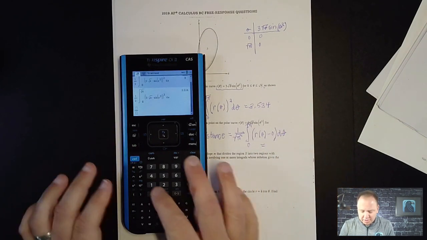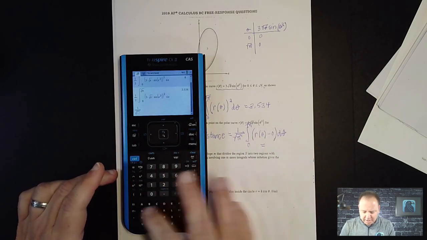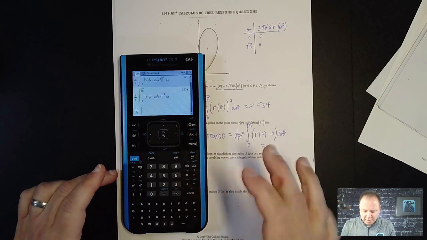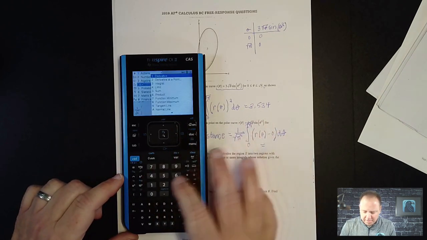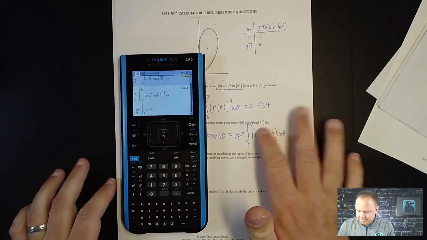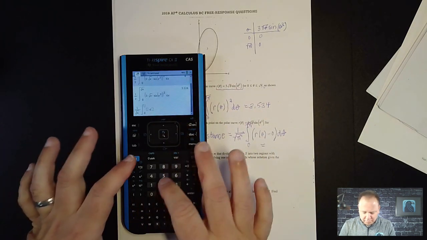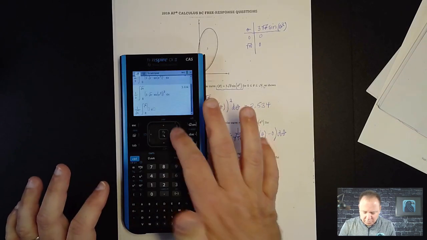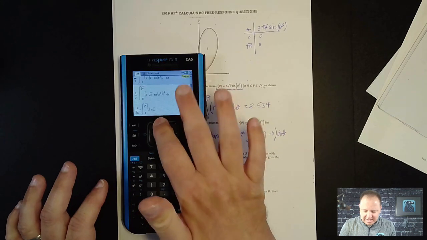Control divide. 1 over square root of pi times the integral from 0 to square root of pi of my r.